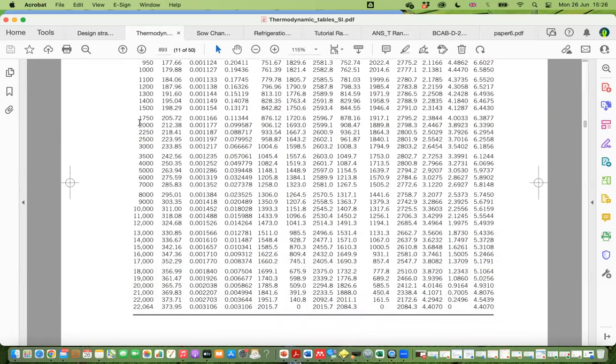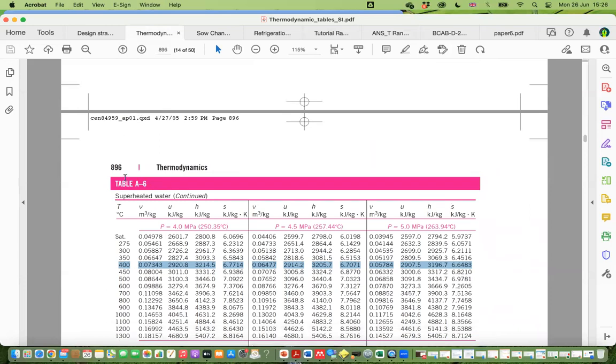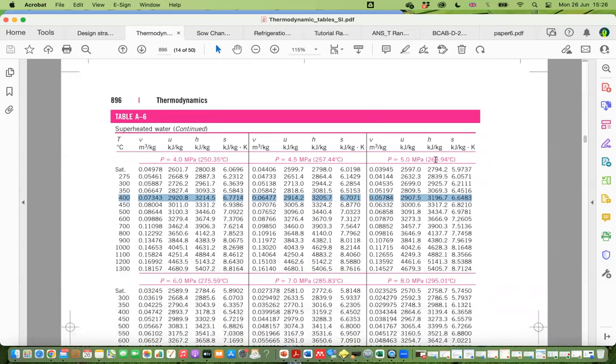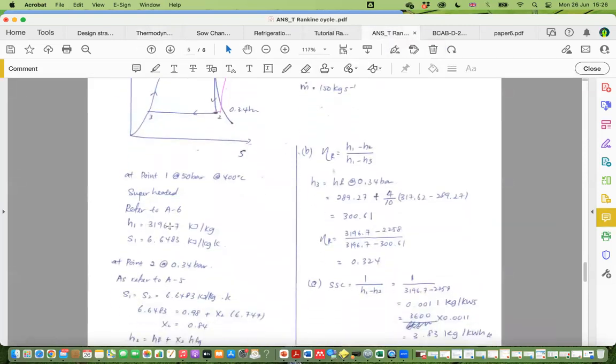So then I know I have to quickly refer to table A6, and I convert to 5 megapascal. And then my h1 is 3199.6. That is the reason I have this number.